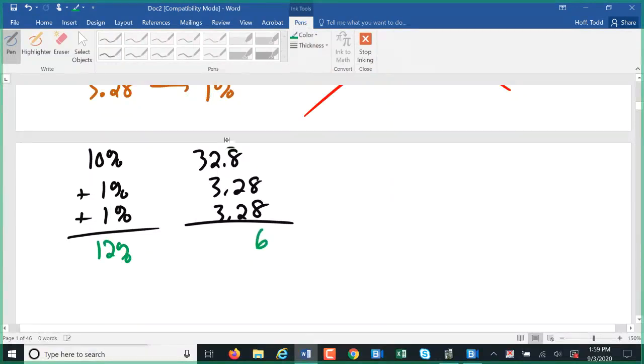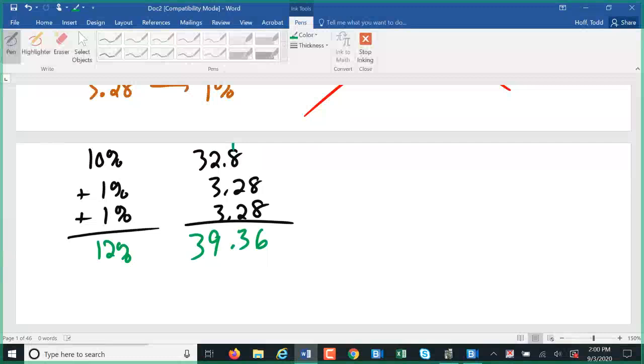Here we've got 16, 13, carry the 1, 9, and 3. 39.36 is actually 12%. Now, we're going to look at methods for being more direct in how we calculate that coming up in our next class. But for right now, those benchmarks are a quick way to estimate those percents. And as we move into the actual calculations, it's going to help us to double check our answers.